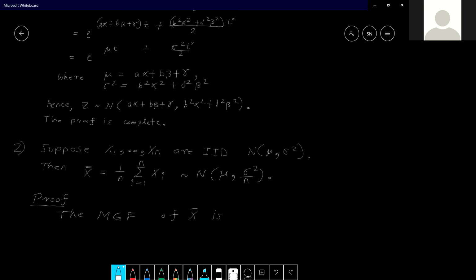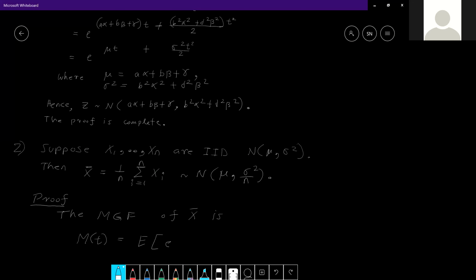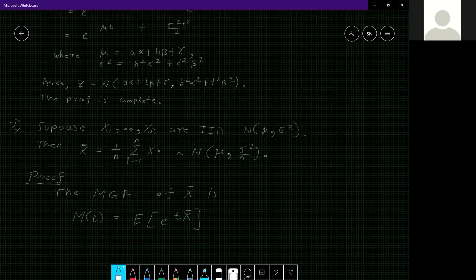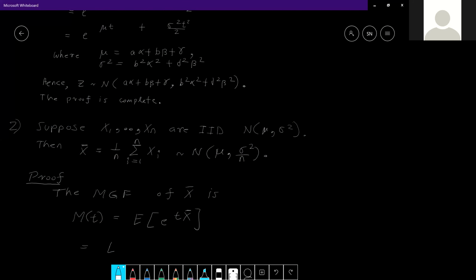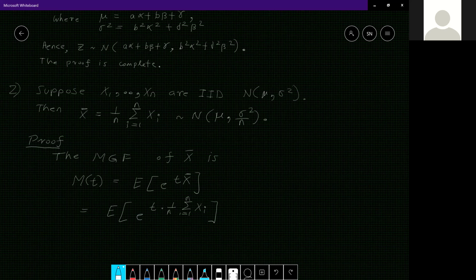So the MGF of X bar, M(t), is the expectation of e to the t X bar, which you can write as the expectation of e to the t times 1 over n times the sum.